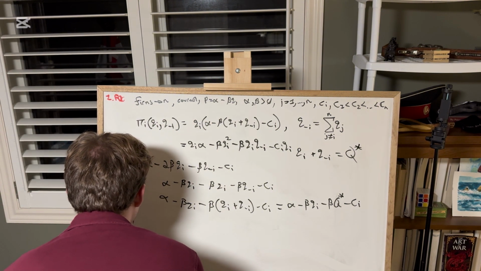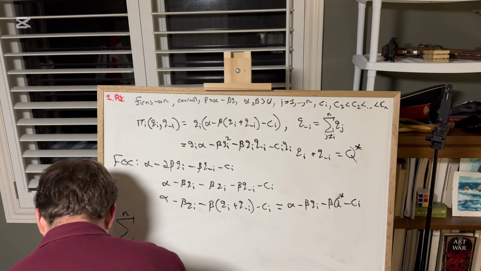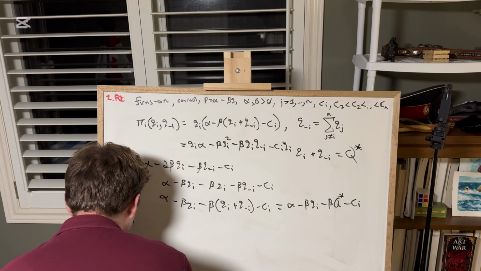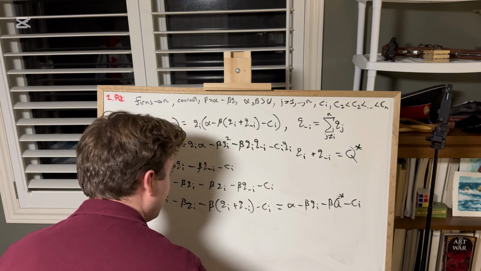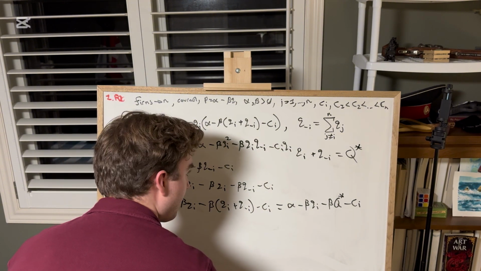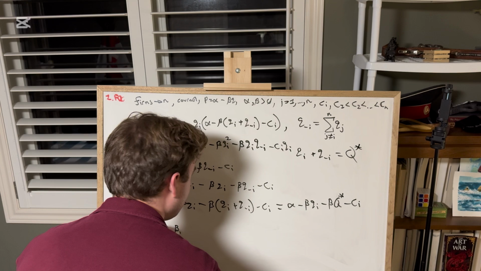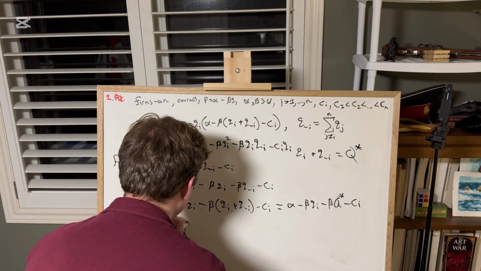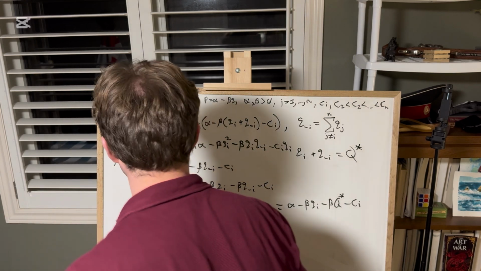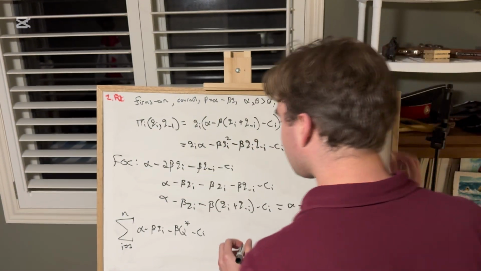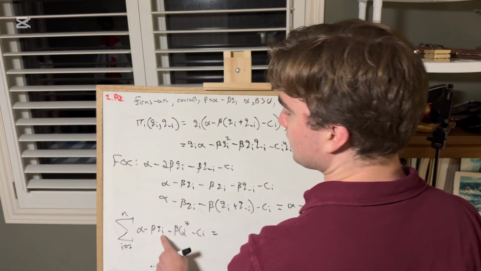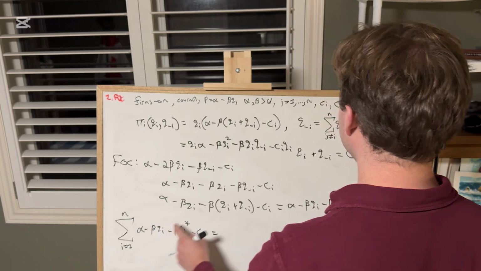So, you have your sum of alpha, and you can move some stuff around here because this is going to Q now, right?